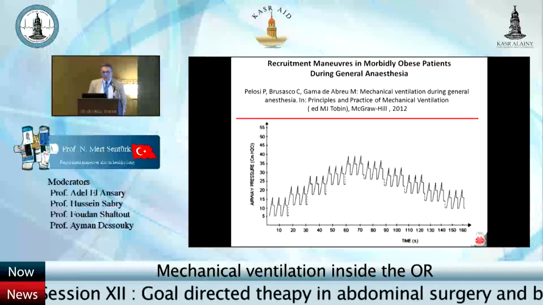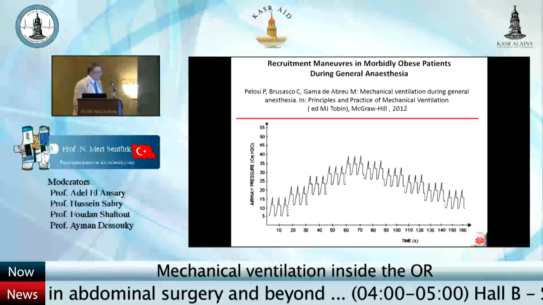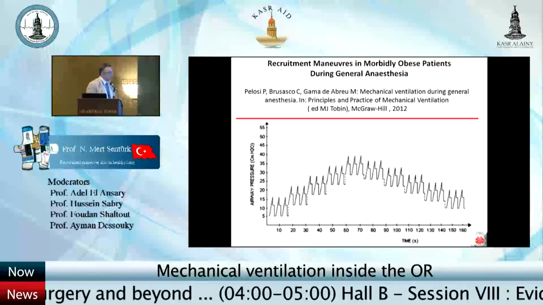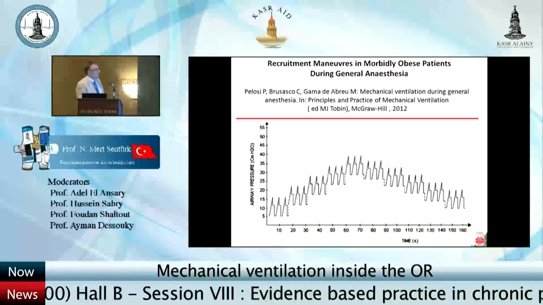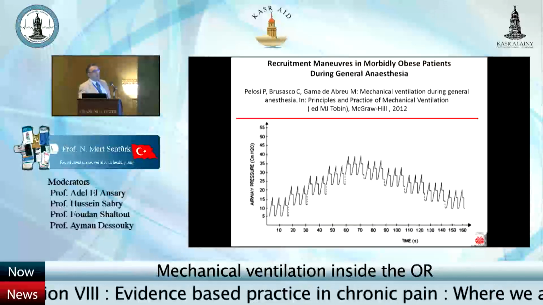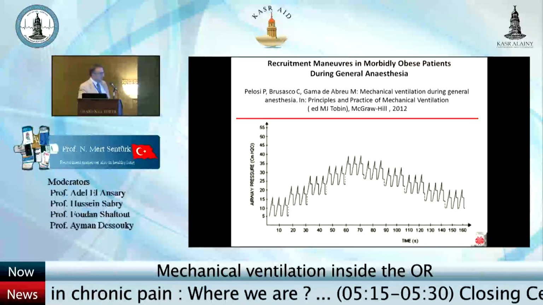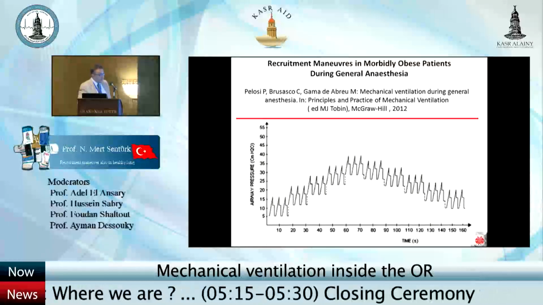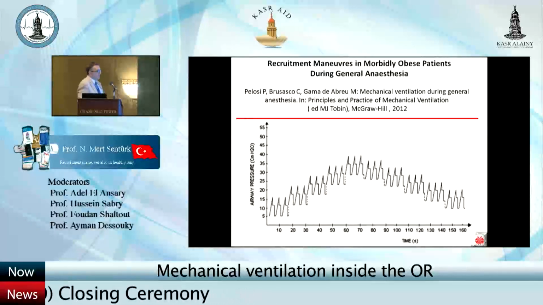So what are the other methods? This is one of the most usual methods. It's called the staircase recruitment maneuver. In that case, as you can see here, we increase both PEEP and the driving pressure in steps of seconds, or maybe 1 minute, or let's say 4 or 5 ventilator cycles.